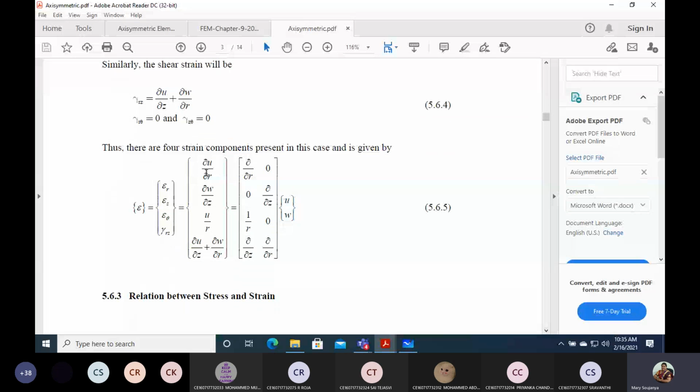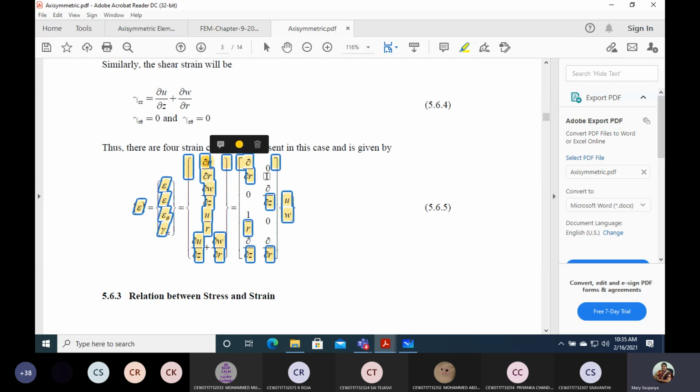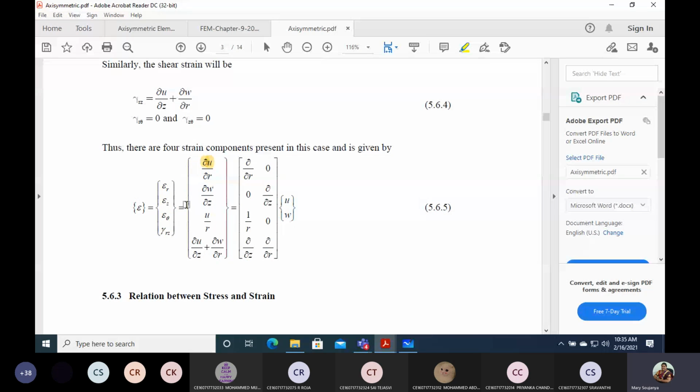See, epsilon r is dou u by dou r. The point here is epsilon theta is u by r.